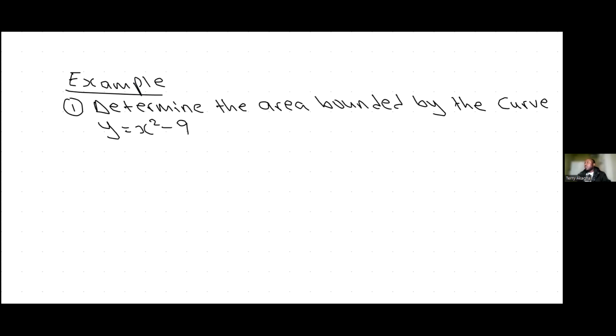With the x-axis, okay? And we're looking at the ordinates, in this case, let's say the ordinates are x equals -1 and x is equal to 2.